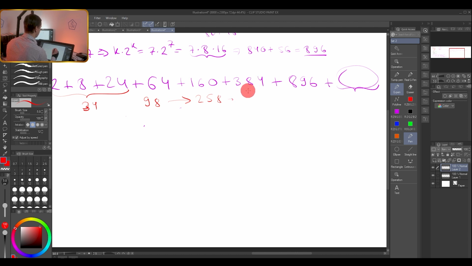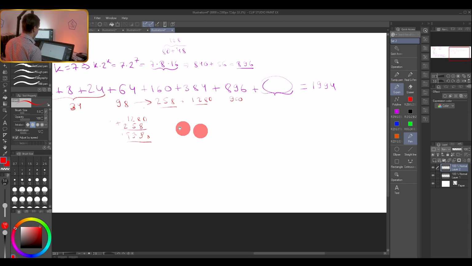Then I add 4 to this one, it will be 900. 900 plus 380 is 1280. 1280 plus 258 is 1538. So that is the sum that we got here.